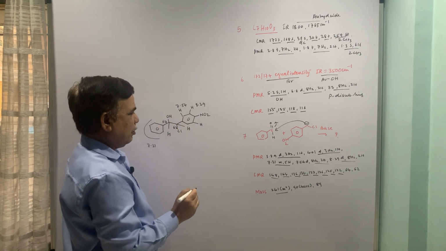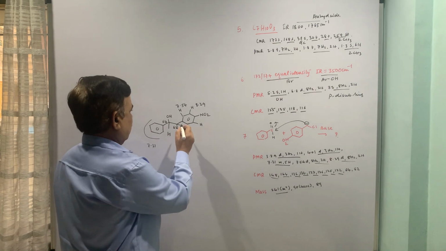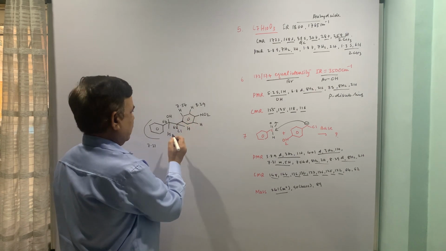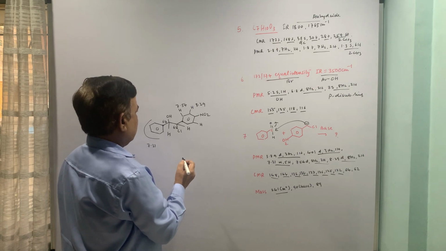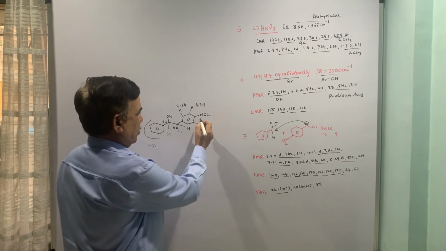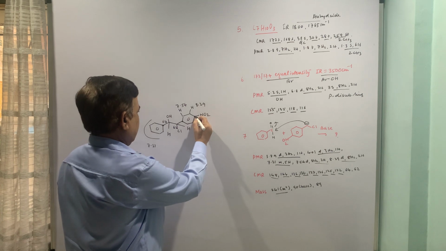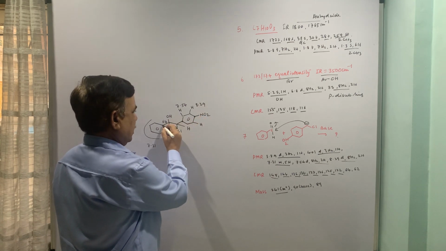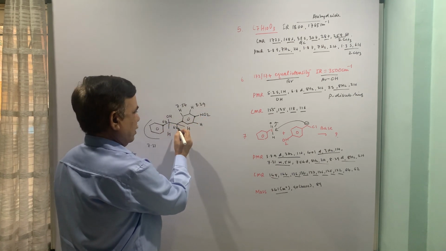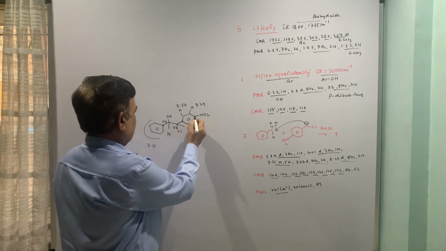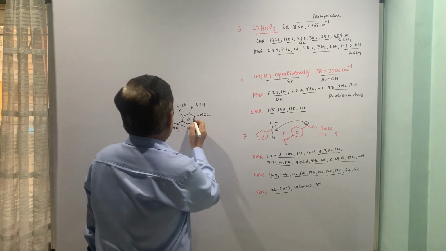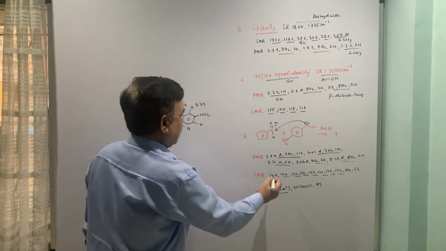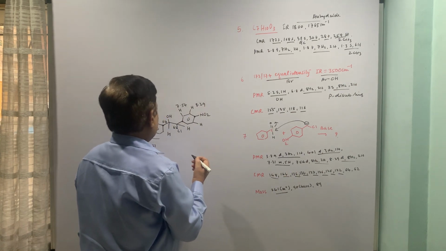I am putting the carbon values. 148 is this one, 144 is this one, maybe 148 is this one, 136 is this one. These are quaternary carbons. So 1, 2, 3, 3 quaternary carbons are there. So the first 3 values you can assign to them.